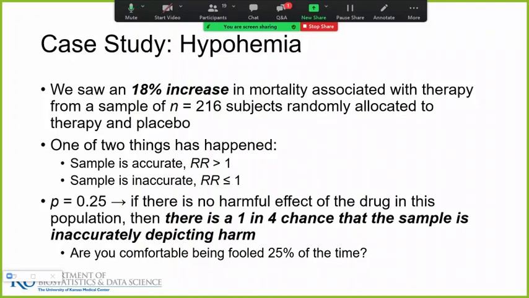The sample's accurate and there really is an increase in mortality associated with the treatment, and that would be a correct decision, or there's a potential error that was made here. The sample is inaccurate and there is not an increase in mortality. So either there's no difference in mortality or a potential decrease. And we have to figure out which of these two is the case, and the p-value helps us with that. So I calculate the chi-square statistic.